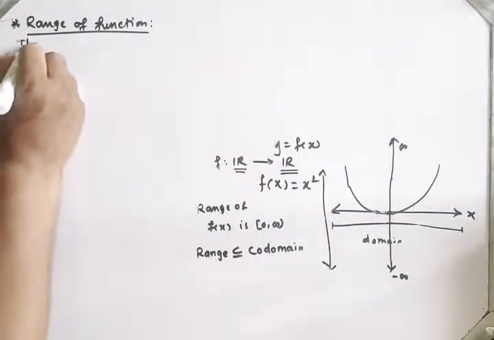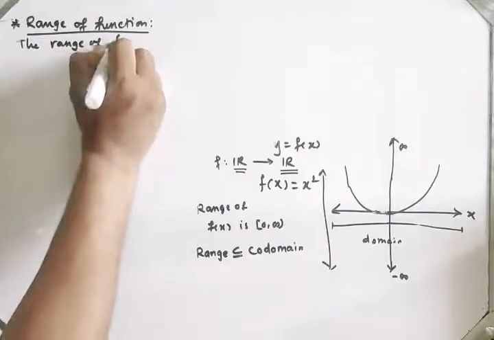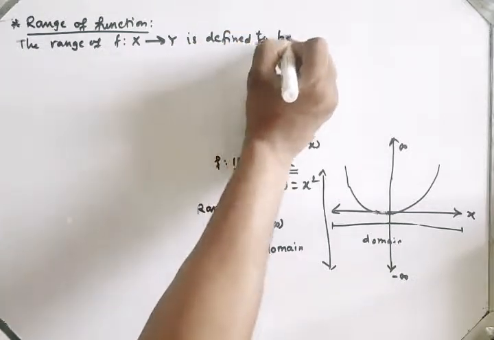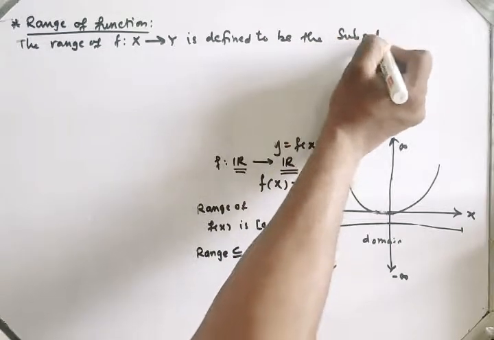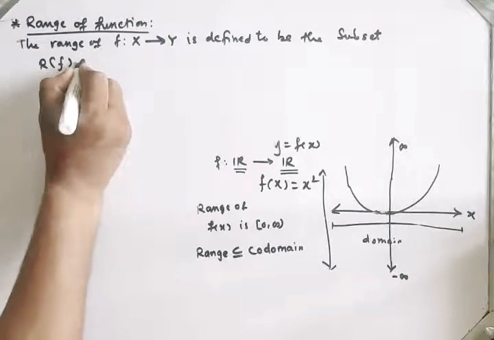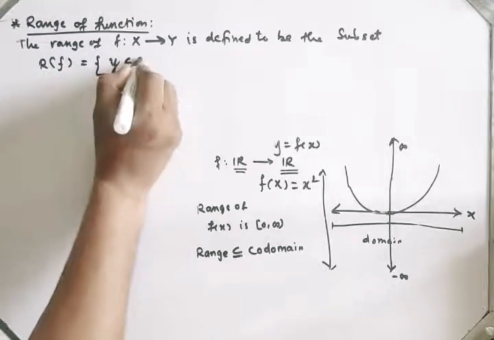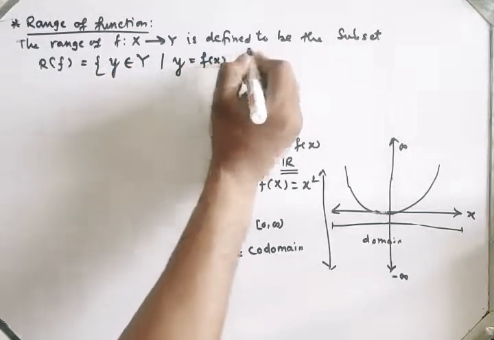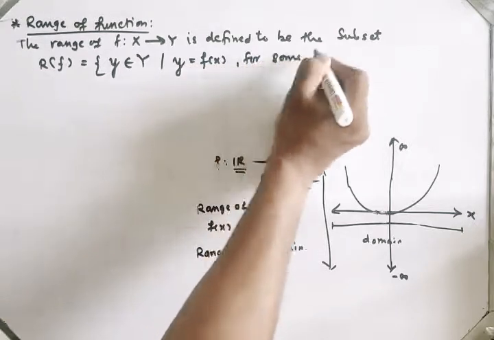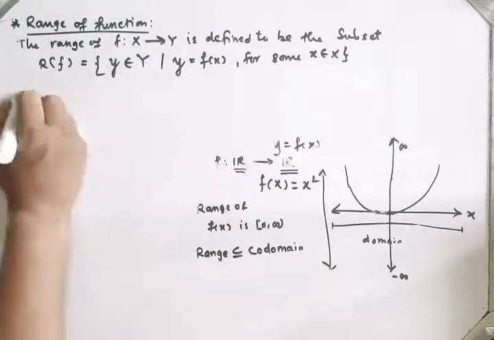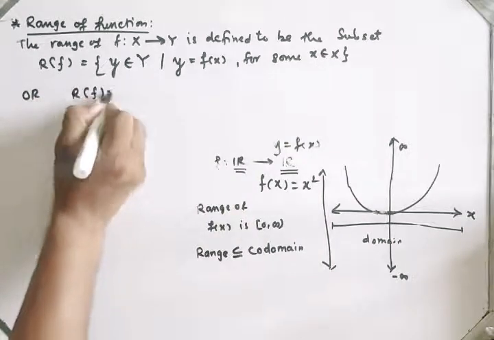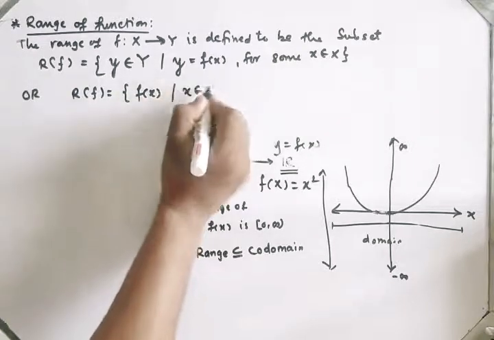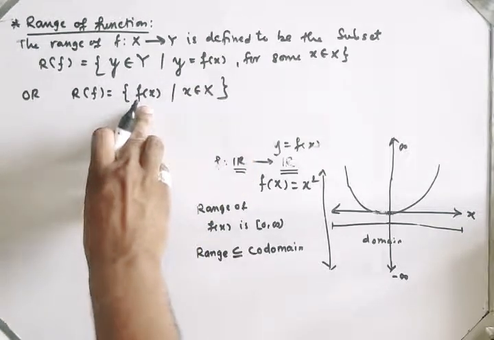So the definition: the range of function f from X to Y is defined to be the subset R of f, which is the set of those y belongs to Y such that y is equal to f of x for some x belongs to X, or in other words we denote by R of f the set of all f of x such that x belongs to X. So f of x is the range of that function.